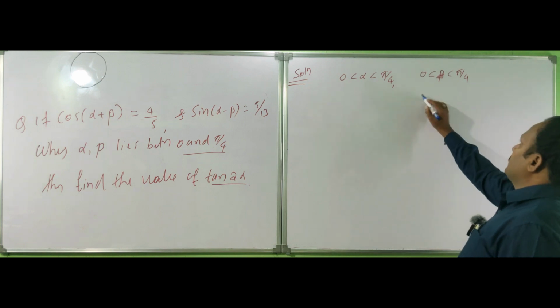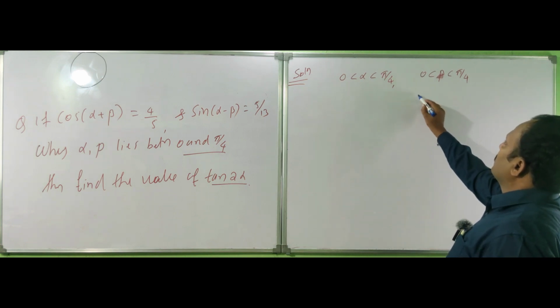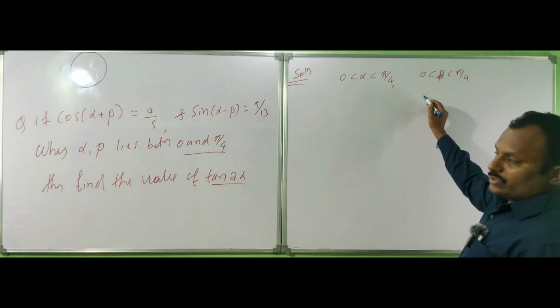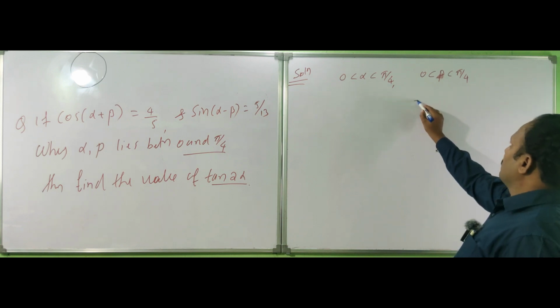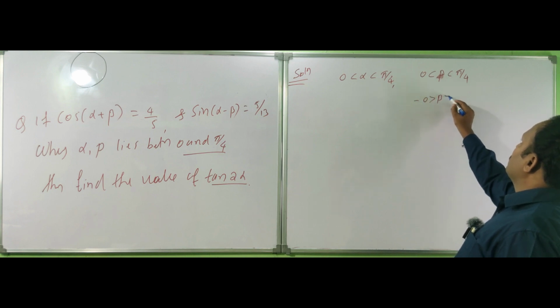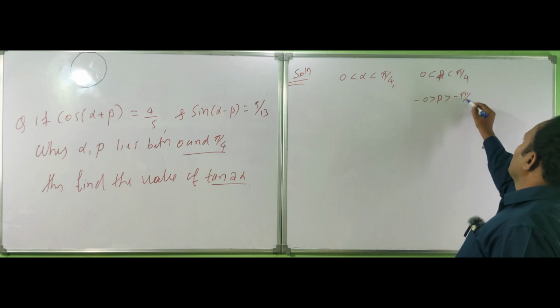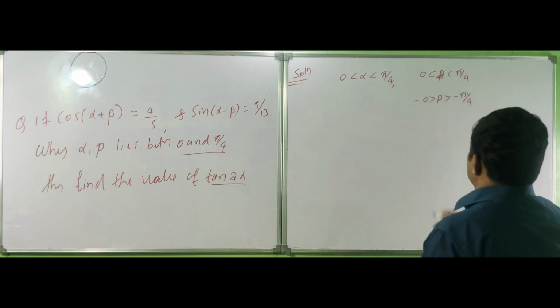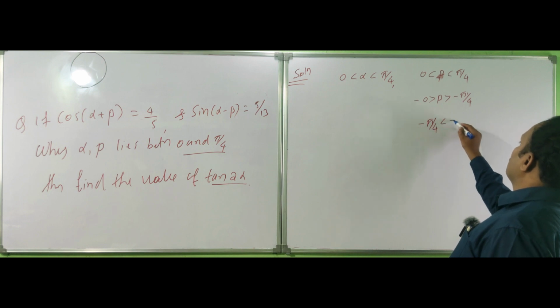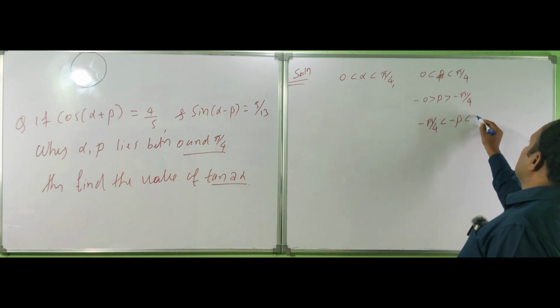So for minus beta, what will I do? I am writing that 0 is greater than minus beta, which is greater than minus pi by 4. This I can write as minus pi by 4 is less than minus beta is less than 0.